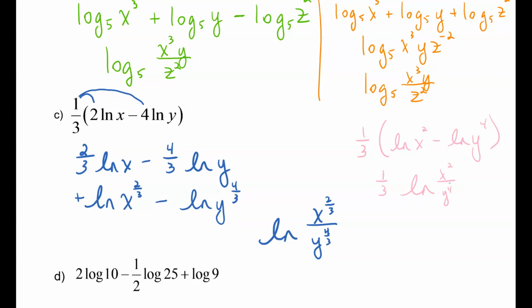And then we'd have to apply the power rule to all of it, and so we would end up with the natural log of x squared over y to the fourth, and all of this would be raised to the 1/3 power. So we'd still get there to the same place.